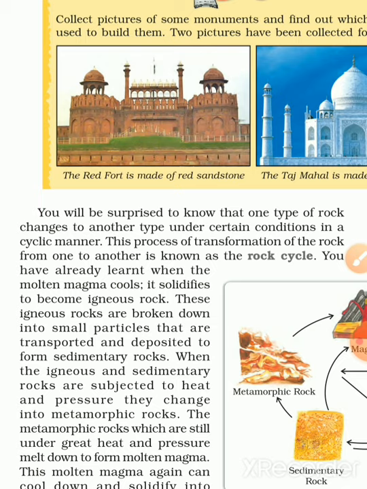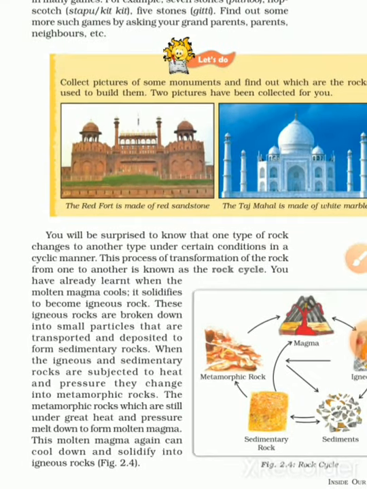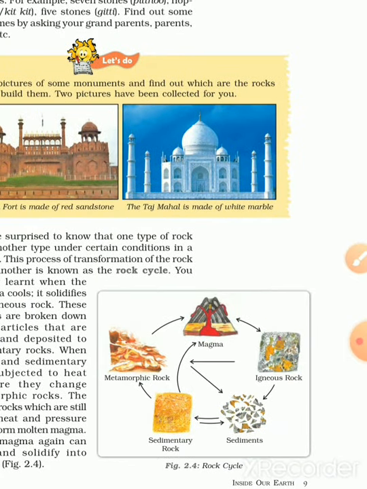These both rocks change into metamorphic rock, and under high pressure and heat, metamorphic rock again melts down into molten magma, and again that molten magma comes on the earth's surface. So it is a rock cycle. You can see here in the picture also how the rock cycle works.